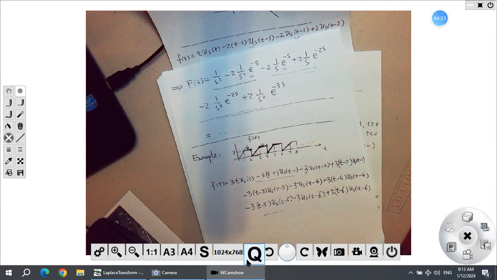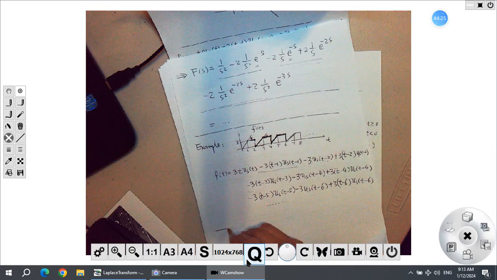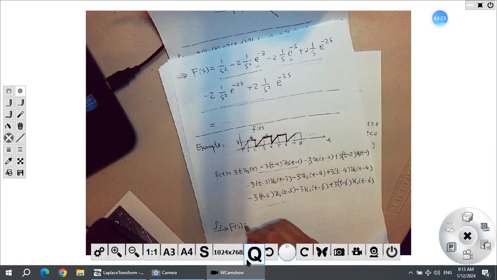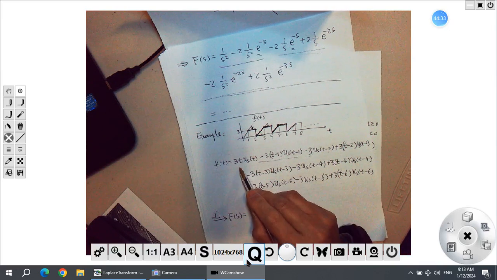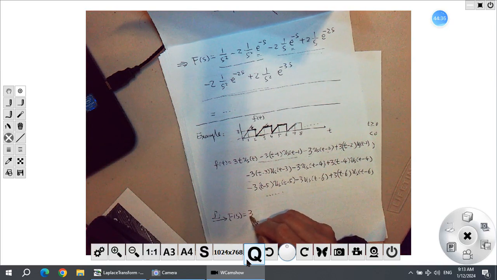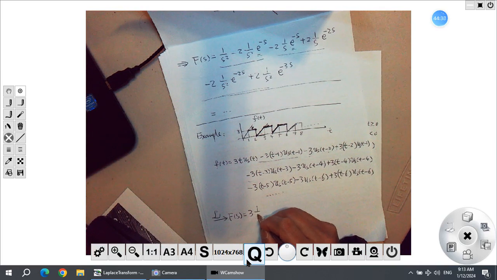Okay, now we can have the Laplace transform. We have F of s, which is, we just transform them term by term. The first one is 3 times t u_s of t, that is 3 over s squared.